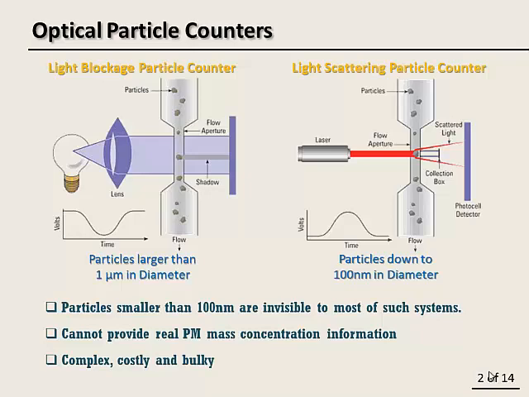Using such a system, we can detect particles down to 100 nanometers in diameter, and using some more advanced techniques, the particle sizes can be grown to some detectable level, and you can maybe monitor particles down to 10 nanometers. However, such systems cannot do mass concentration analysis and just do the particle count, and they cannot differentiate whether a particle is 10 nanometers or 100 nanometers.